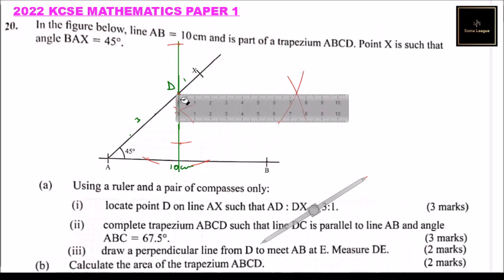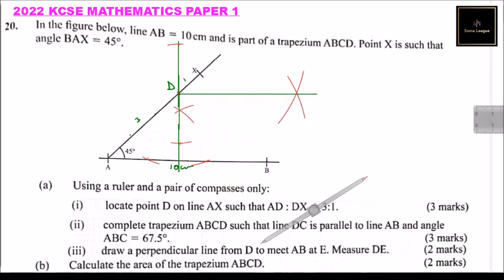So that line is parallel to AB. So we now have a line that is parallel to AB. We need now again to locate our point C so that we can complete the trapezium.